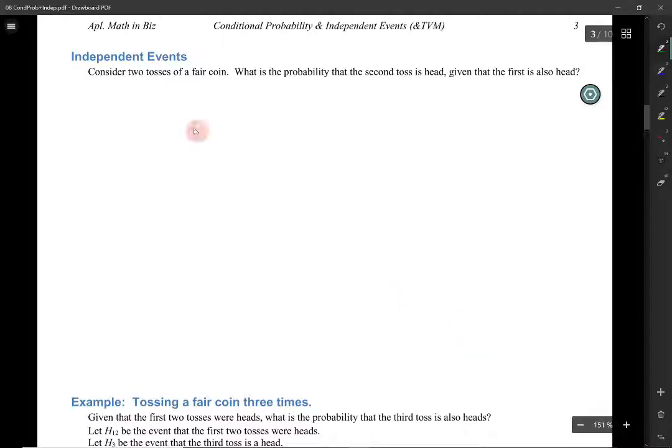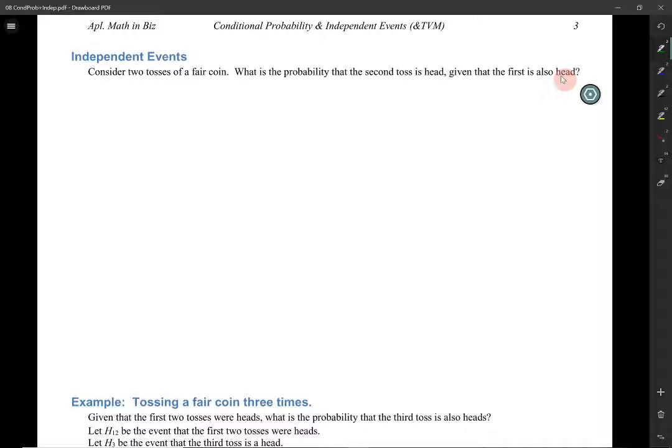So let's look at 2 tosses of a fair coin. We're going to toss a fair coin twice. And we want to know first, what's the probability that the second toss is a head, given that the first toss is also a head? Okay?